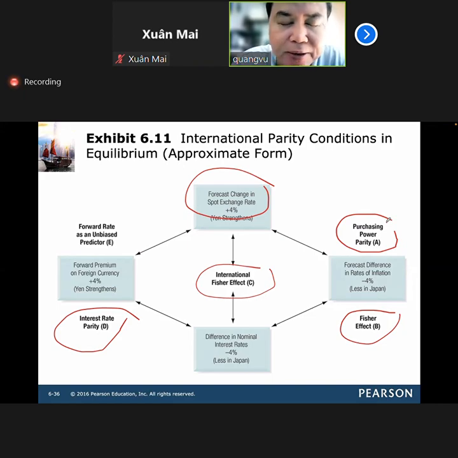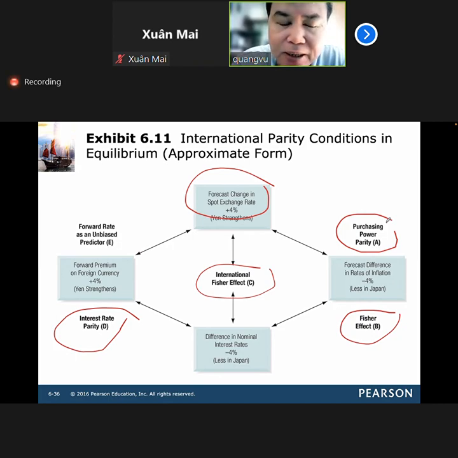Then you should expect the Japanese yen to depreciate or appreciate in value against the dollar, approximately by 4%. Why? Because if the exchange rate between the US dollar and the Japanese yen does not move that way, then an arbitrage opportunity exists.